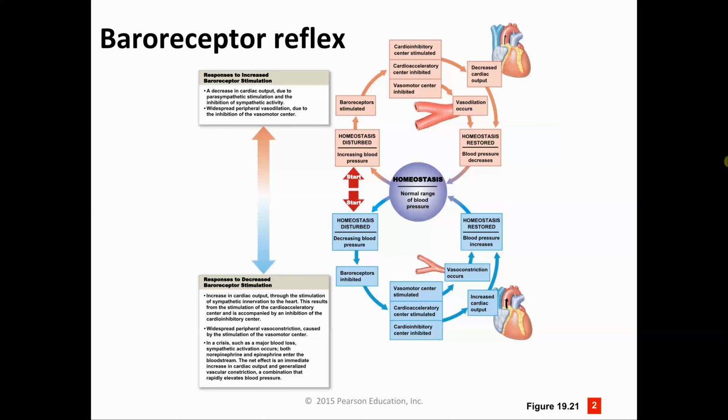So why does vasodilation drop blood pressure? The larger area. Yep, so if you have widespread vasodilation, same amount of blood is occupying now a bigger space, so it's at lower pressure. Okay. So then between those two things, we can get back to the normal blood pressure range.